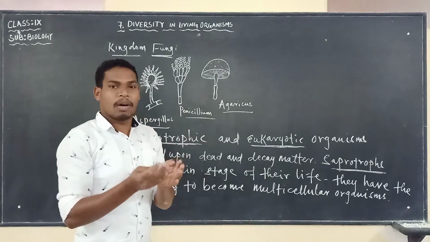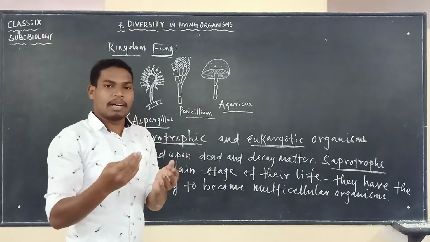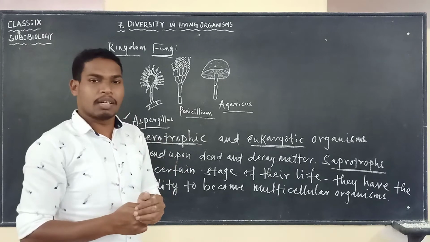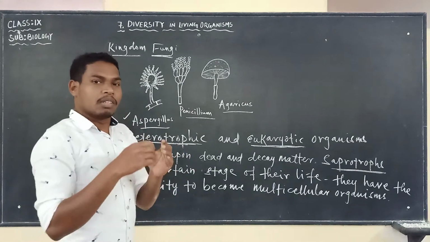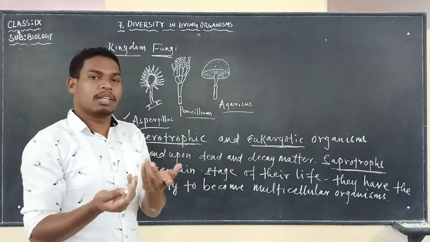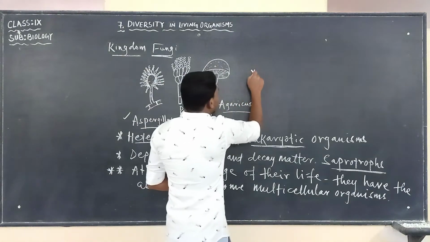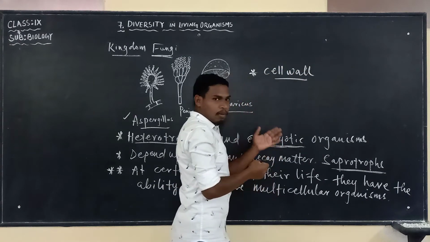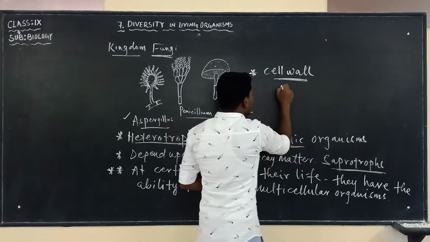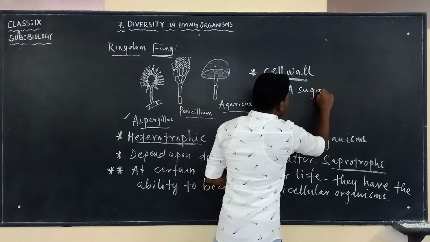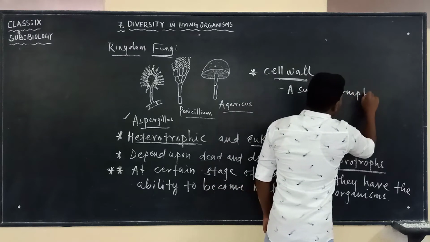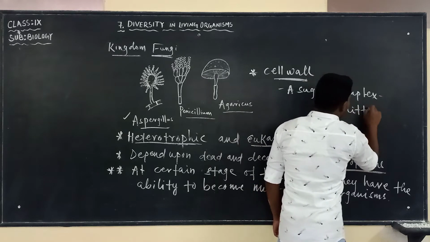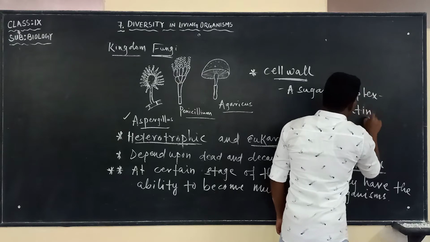Why? Because their cell wall is made up of something other than cellulose. Their cell wall is made up of a complex tough sugar known as chitin.